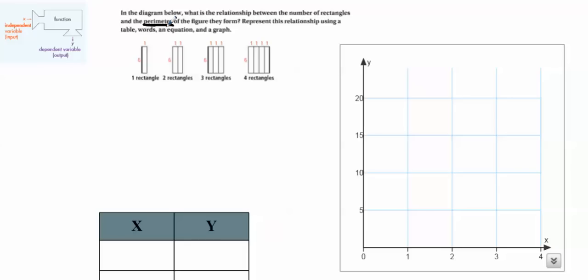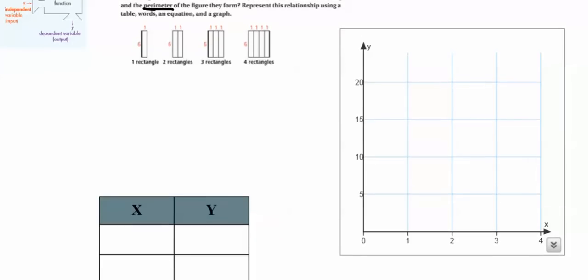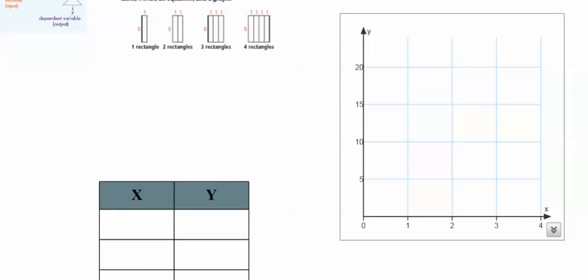So let's first make a table of this. If we're making a table of values, you would say, okay, if I have a 1 by 6, one rectangle, I'm going to put a 1 right there, 1 rectangle. What's my perimeter? 6 plus 6 is 12, plus 2 more is 14, so that's 1 and 14.